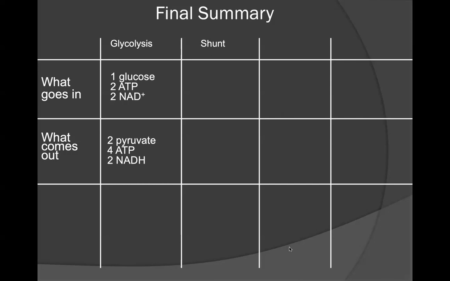The shunt step uses those 2 pyruvate molecules. Once again, we're going to be using NAD+ because we need to generate some electron carriers, and coenzyme A is going to be required to carry those 2 carbon molecules into the matrix of the mitochondria. So the shunt step, in that step, we're going to be producing 2 acetyl-CoA molecules.